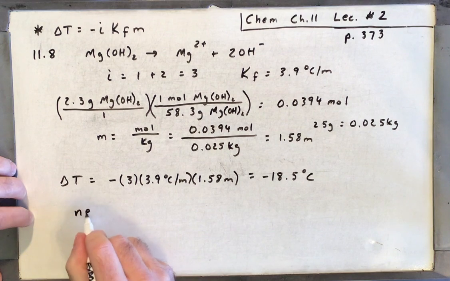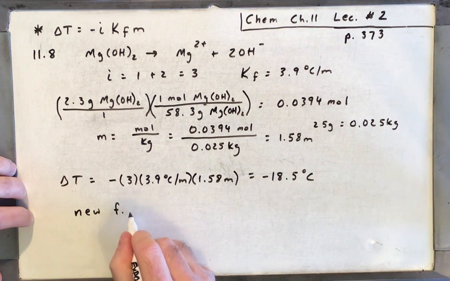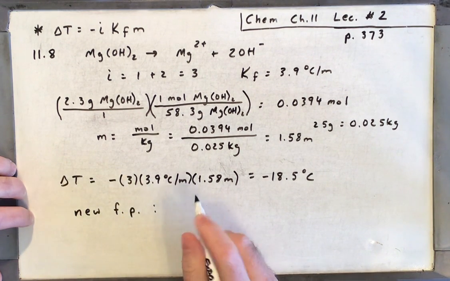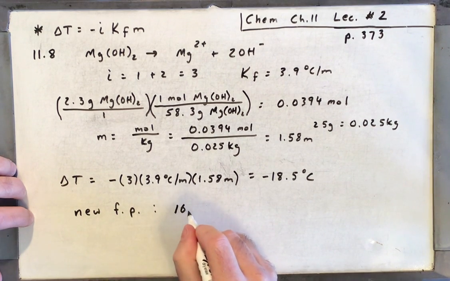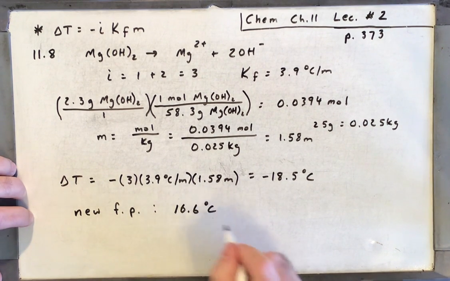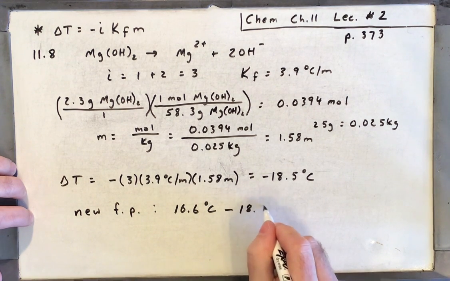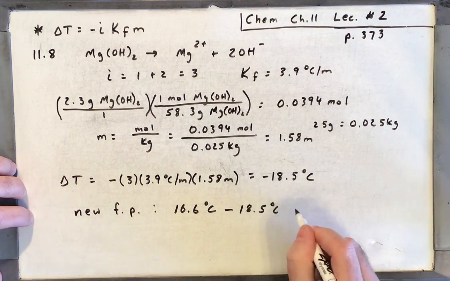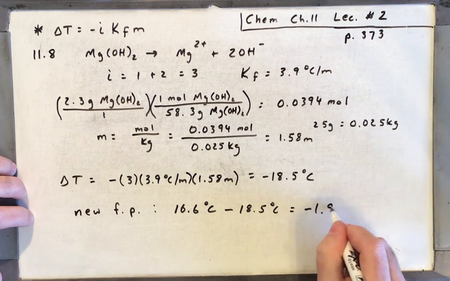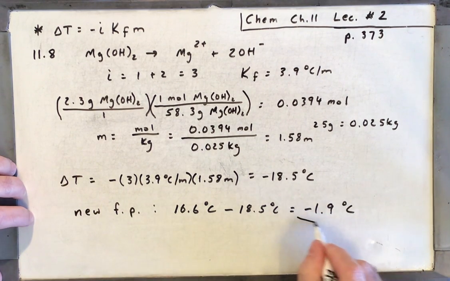The new freezing point, you're going to take the original freezing point, 16.6, because this is acetic acid, not water, and then subtract 18.5. So that is negative 1.9 degrees C.